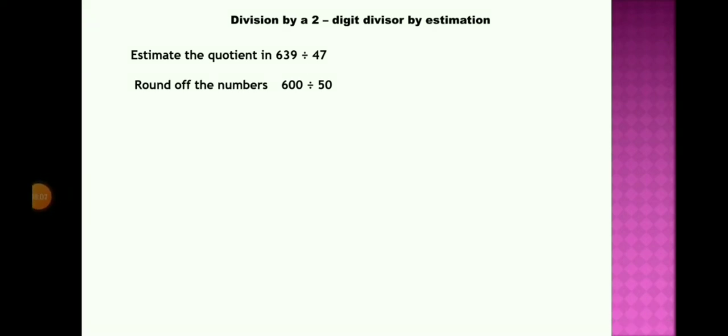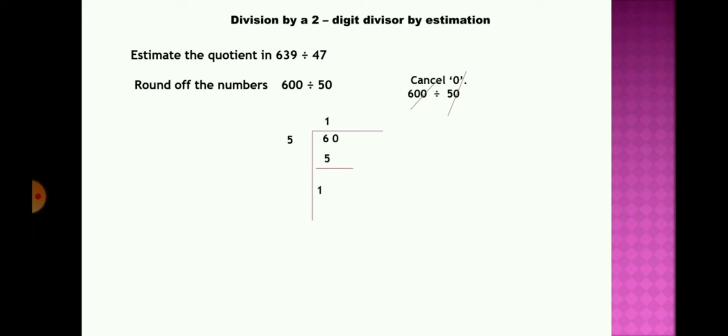Now you observe carefully children. In the ones place of the dividend and ones place of the divisor, both we have 0. Am I right? So now we can cancel zeros directly. After that, divide 60 by 5. Now you know that from the table of 5, 5 ones are 5.